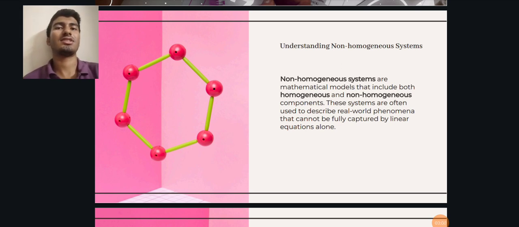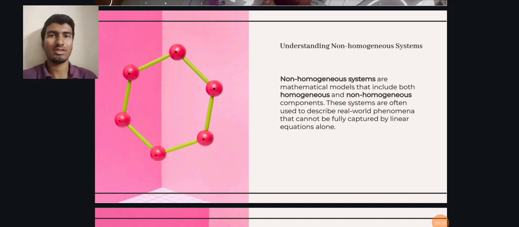Linear equations can also be written as y equals mx plus c, where m is the slope of the line. It helps in showing how the slope relates to the graph.